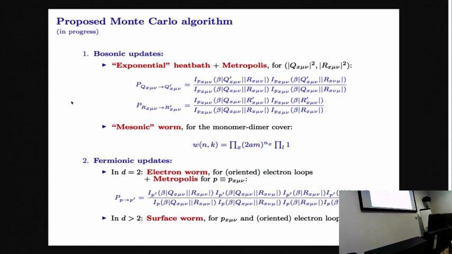This involves a sequence of heatbath and Metropolis updates for the bosonic part, and also worm algorithms for the monomer-dimers, and possibly for the electron worms. In two dimensions you can just do the usual electron worm, but probably surface worms in higher dimensions.